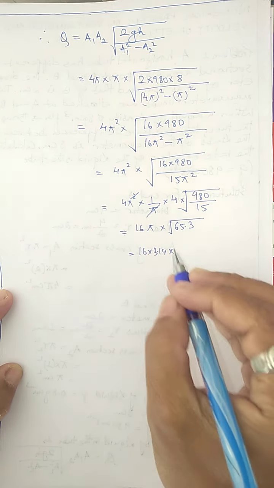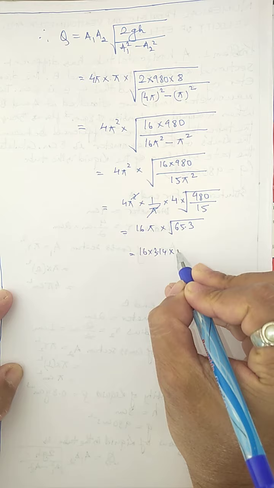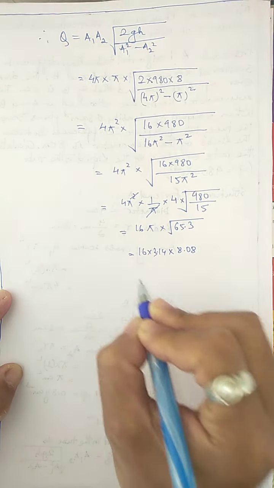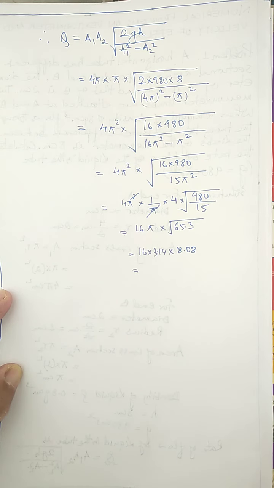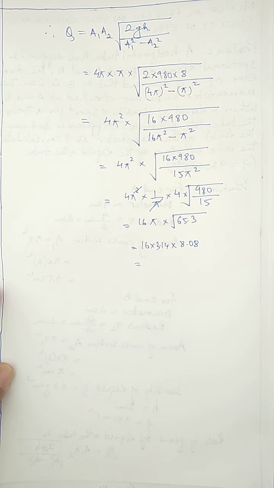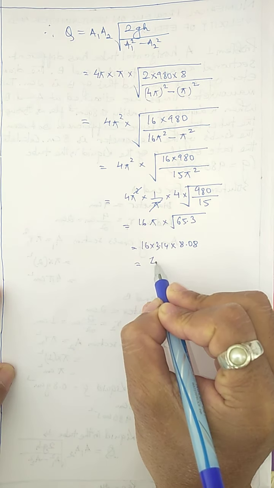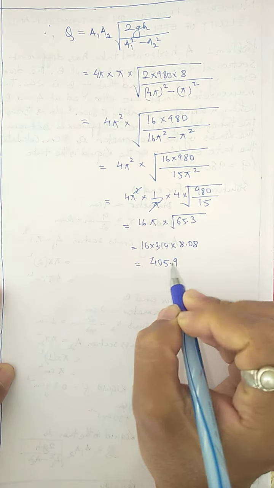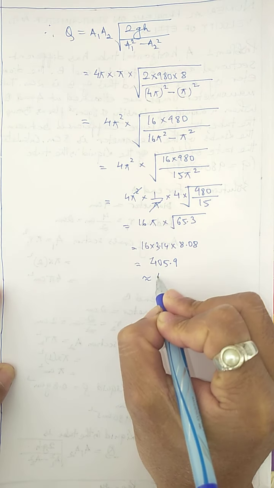If you calculate, it will come to 8.08. Okay, let me write 8.08. So let's multiply 16 into 3.14 into 8.08. The result will be 405.9. Now 405.9 can be rounded up to 406.